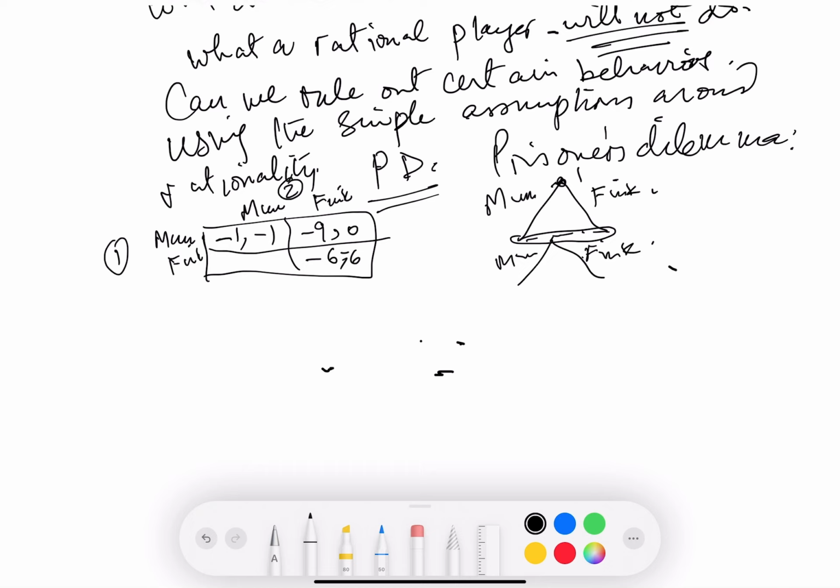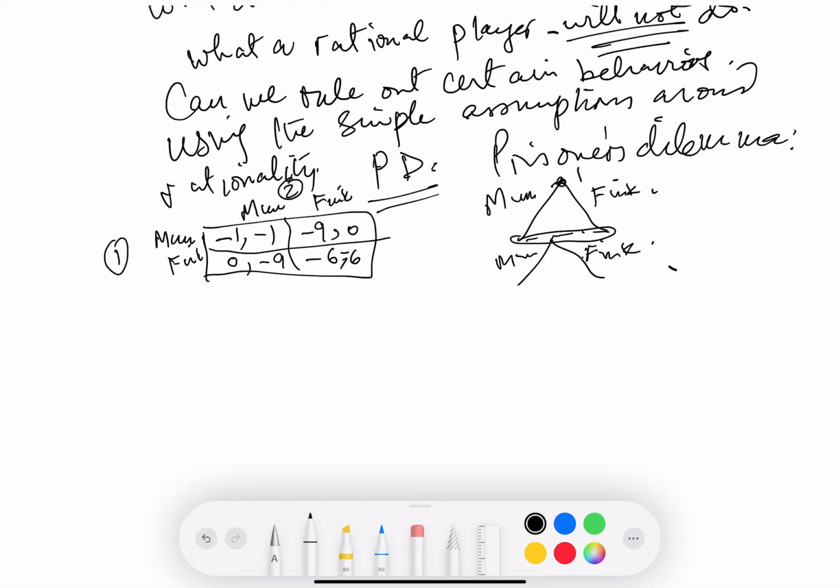If you go fink and the other player goes mum, what is it? It's symmetric, so then you get off scot-free, player 1, if player 1 finks, and player 2 gets -9. That's the classic prisoner's dilemma. I can change the numbers and give you others, as long as that general pattern holds.